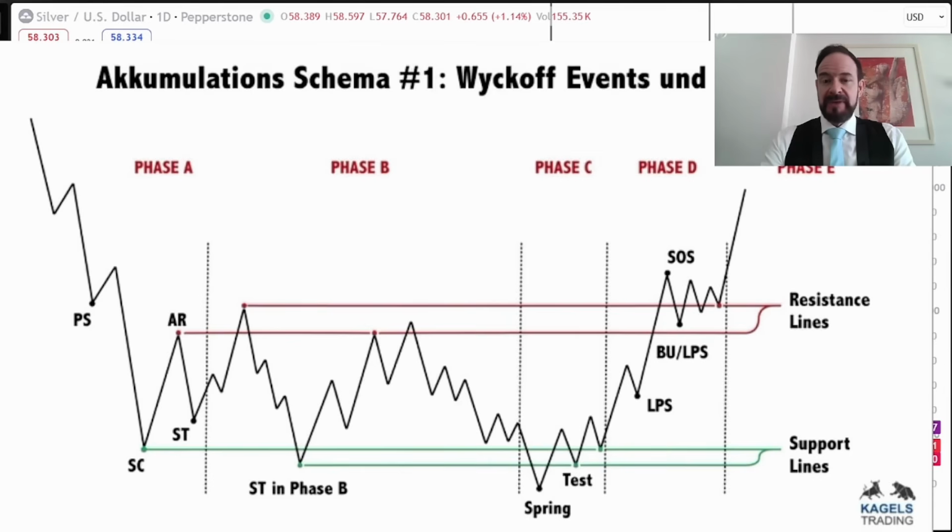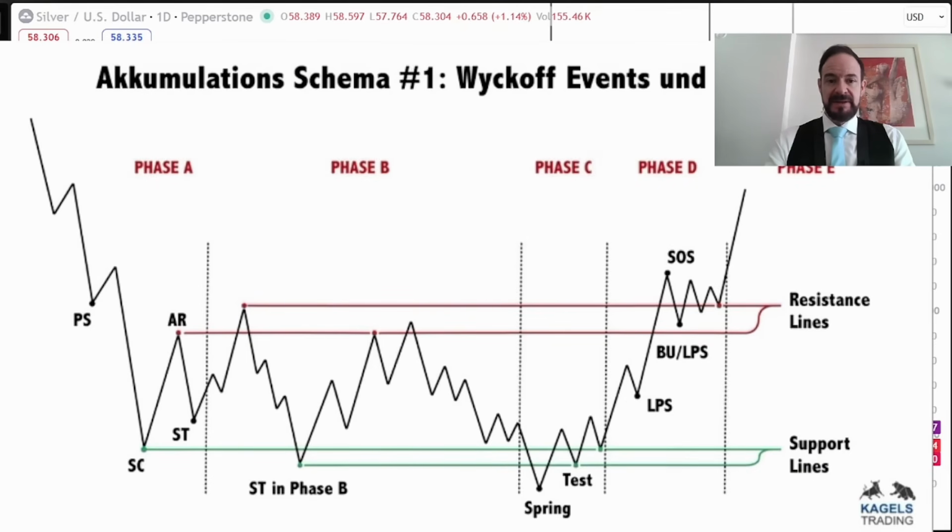And then the party starts and we're moving up. So that is the Wyckoff accumulation pattern. Again, the most important part, it shows us what the institutions are doing. It hides their behavior to Main Street through numerous false signals.